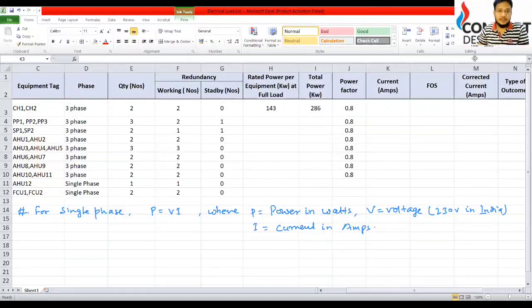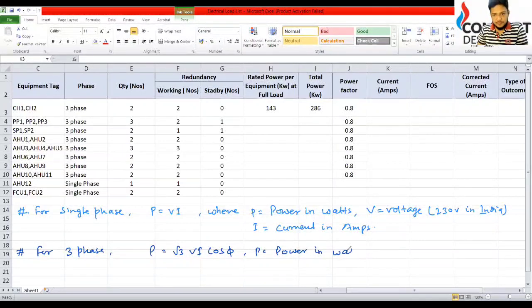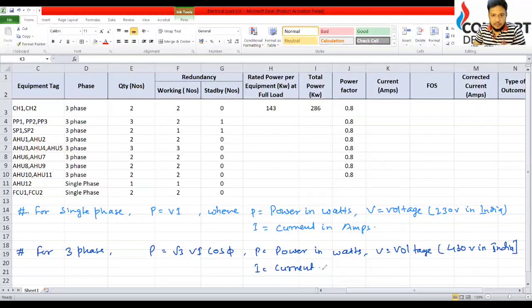Now for three phase, power equal to root 3 VI cos phi, where P is power in watts, V is again voltage, and it will be 430 volt in India. 430, 420, 410, all these are the same thing. I is your current in amperes.